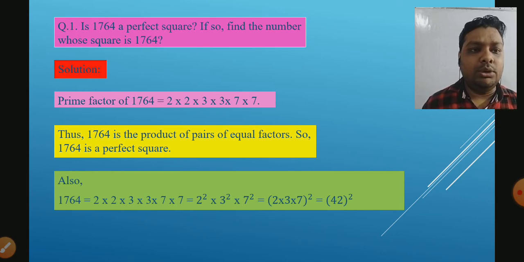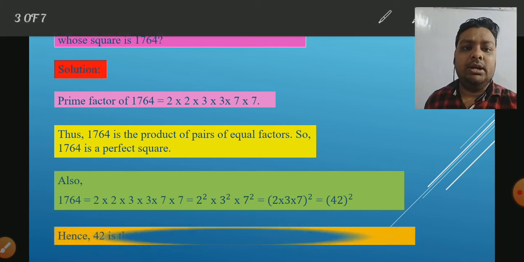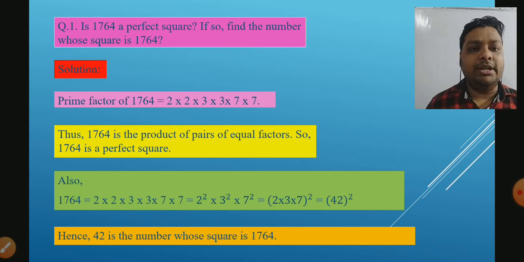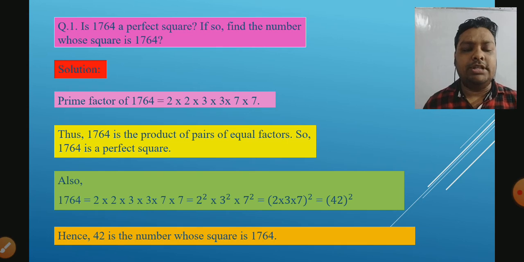So 2 into 3 into 7 in brackets with the common power 2. 2 threes are 6, 6 sevens are 42. It means 42 to the whole square. So we can say that 42 is the number whose square is 1764. Like this we can solve this type of question.